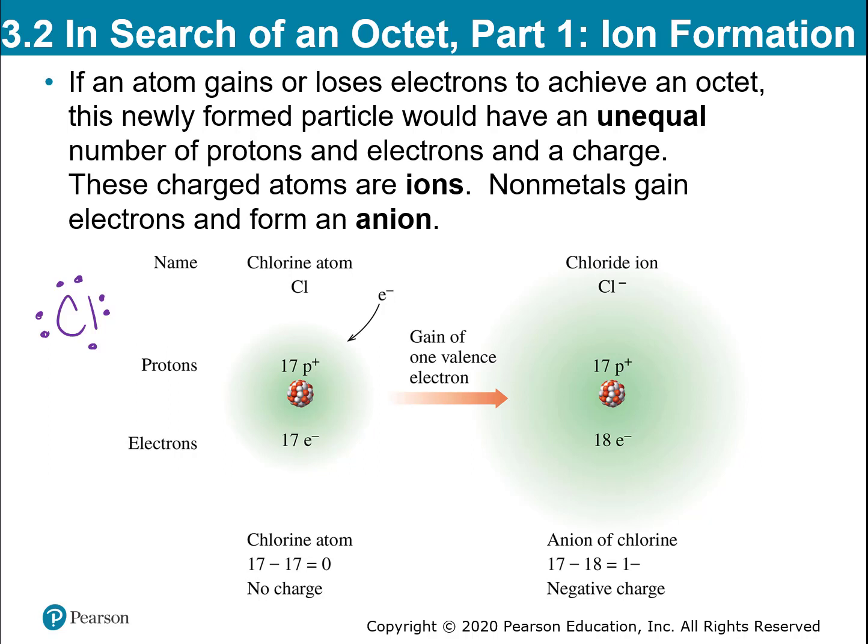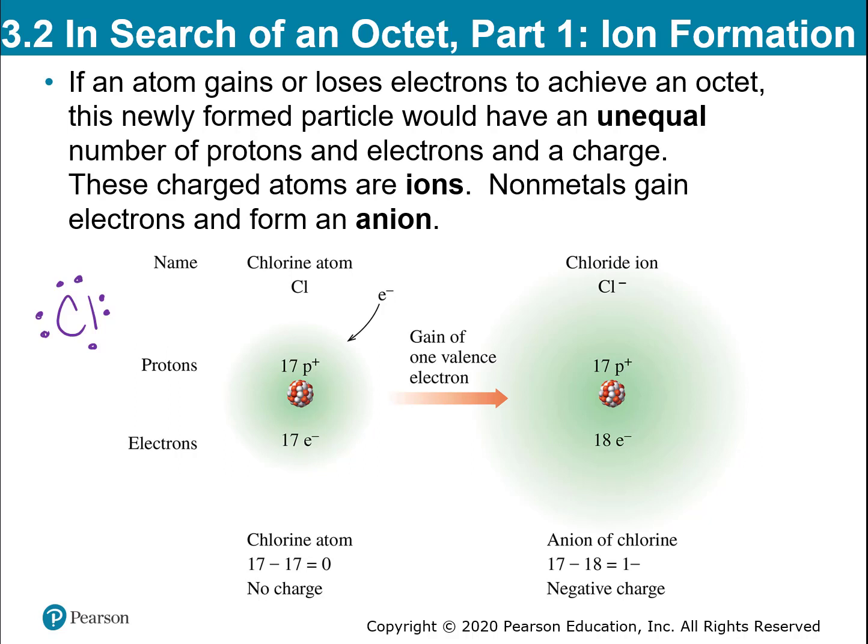It's got 7. If it could get just one more, that would give it 8, and that would make it like a noble gas. So chlorine has a very strong attraction for any electrons that might come its way. If the opportunity comes, chlorine is going to take an electron away from another atom.